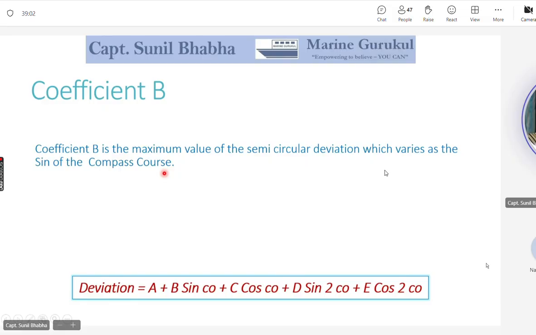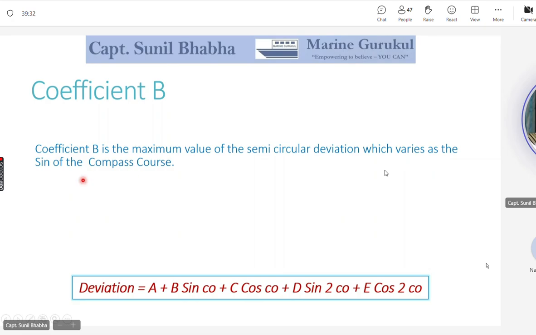It is the second part of the formula, that is B sine course. The maximum value of that deviation is coefficient B. So you can easily remember this definition basis the formula. Coefficient B is the maximum value of the semicircular deviation which varies as sine of the compass course.